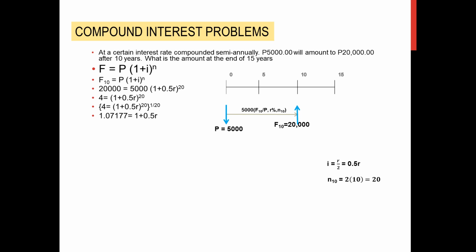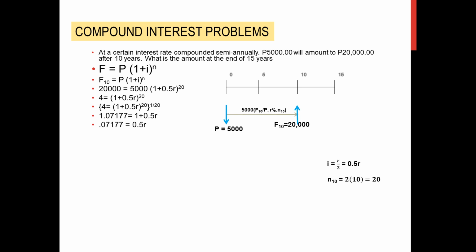Okay, so performing that on the left hand side will give us 4 raised to 1 over 20, that is 1.07177, and of course the right hand side will just eliminate the raised to 20. Okay, so meaning 20 over 20, or that will be raised to 1.